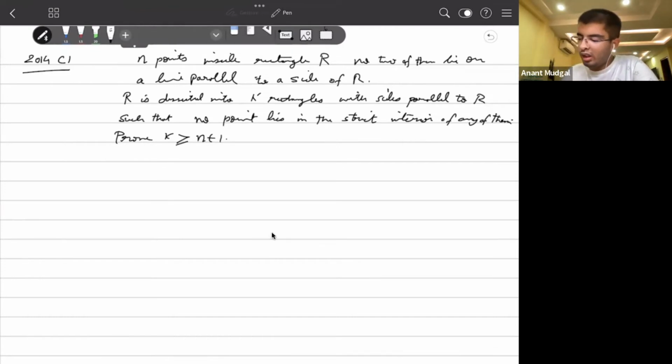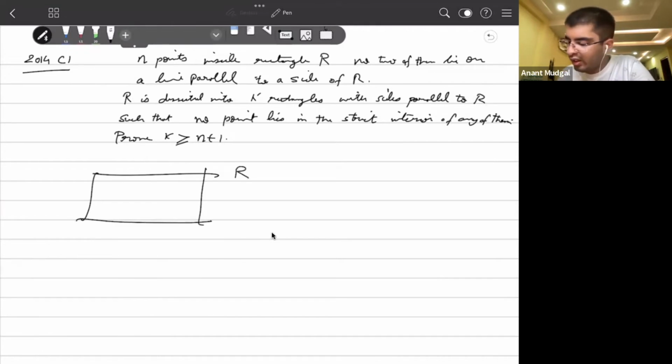Okay, so you have a big rectangle R. This is a possible rectangle, and you have a bunch of points inside. Let's say you have 3 points inside. And these points are such that if you join any of them, they do not form a line parallel to either axis. Okay, and your job is to split this into a bunch of rectangles.